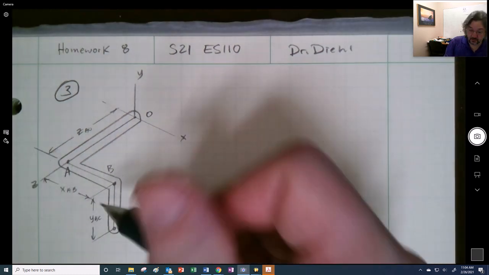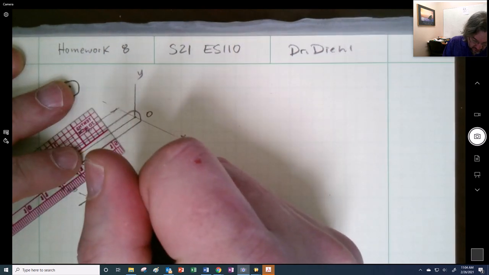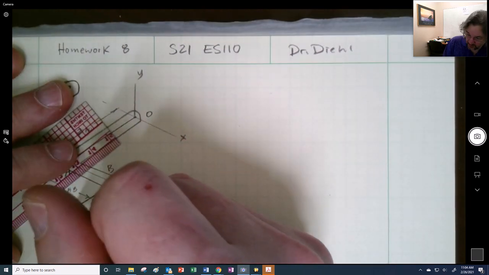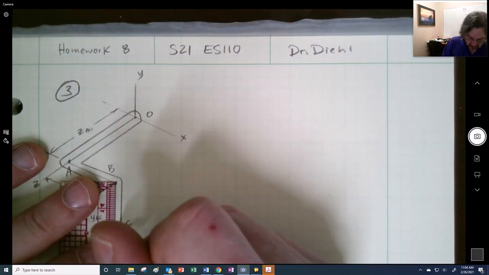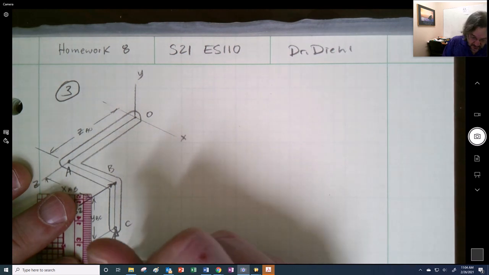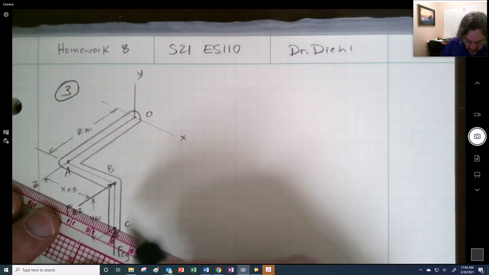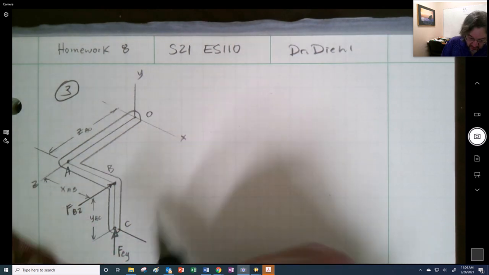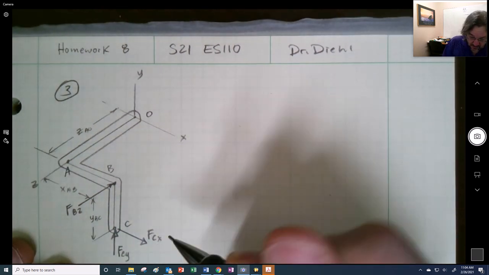Right, and force is applied right here. Let's see. We have a force applied right there, FBZ. On here, we have a force coming upwards, FCY. We have one coming in this direction onto here, FCX.